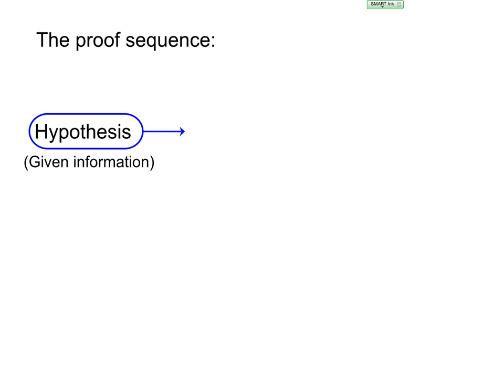All right, so here's how your notes, I think, went. When we do a proof, we're going to have a hypothesis. That's the beginning information that you are starting with. Usually a problem that you're doing will have a diagram and then some other written out information.